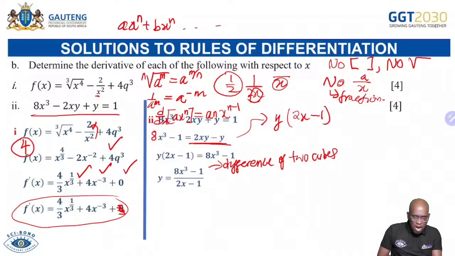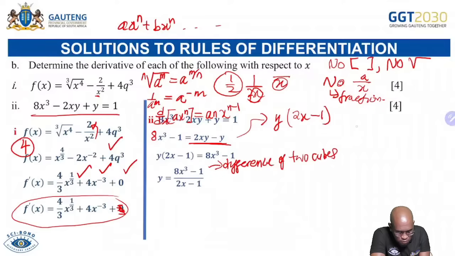From grade 10. How are we going to deal with the difference of 2 cubes? To deal with the difference of 2 cubes, if you are given a cubed minus b cubed, this is equal to, you take the cube root of the first term, that is a, all right? So that would be a minus b, okay? Let me write it here, okay?